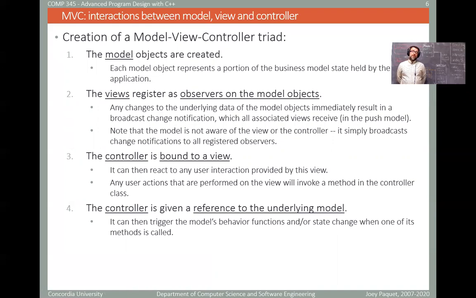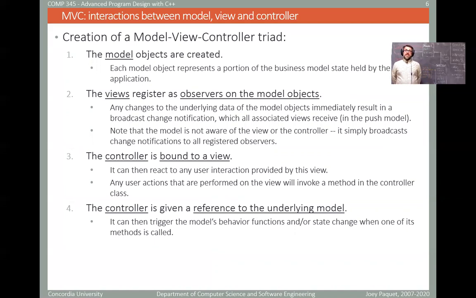If you want to create a view, then the view has to be connected to a model object, so the model object needs to be created before the view. After that, of course, you create the view and you register the view with the model object that it is inspecting or viewing. We'll see in more detail later.